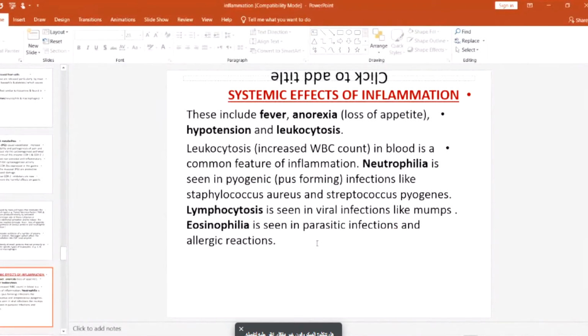The systemic effects of inflammation, as I said, are fever, loss of appetite, hypotension, and leukocytosis.